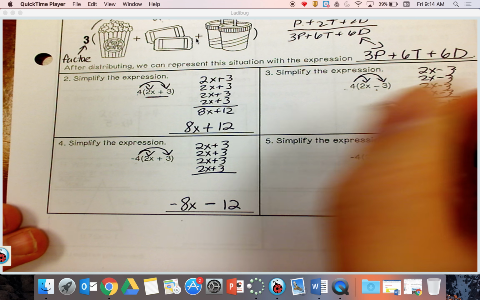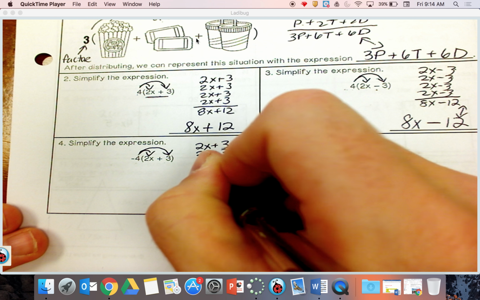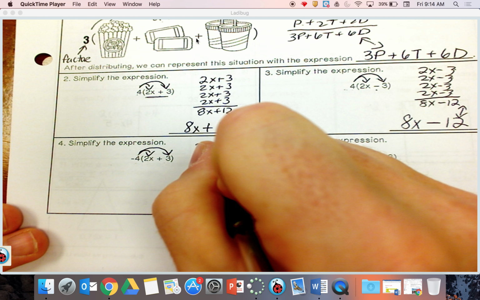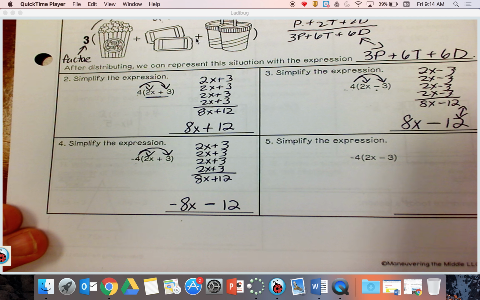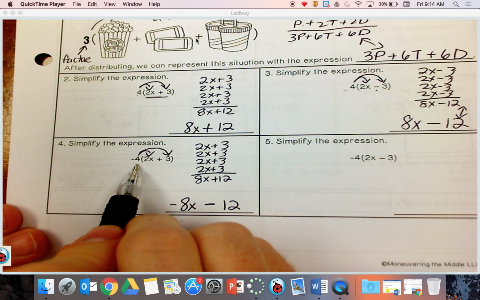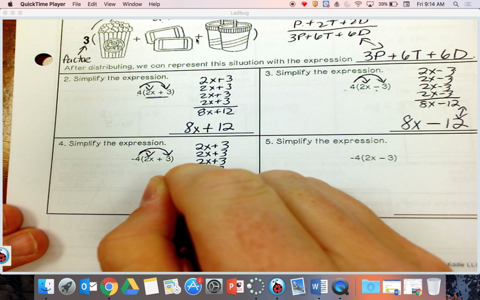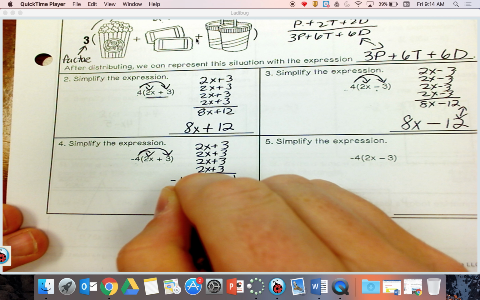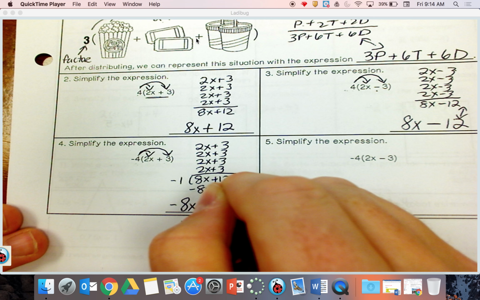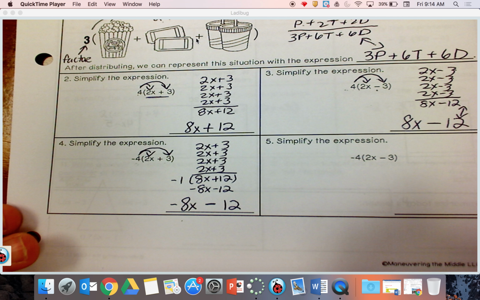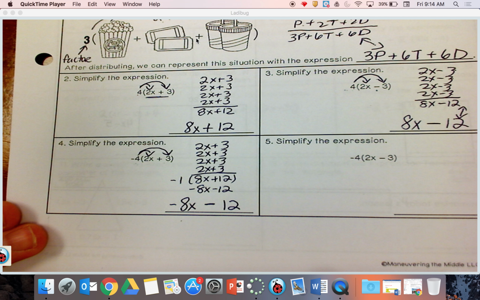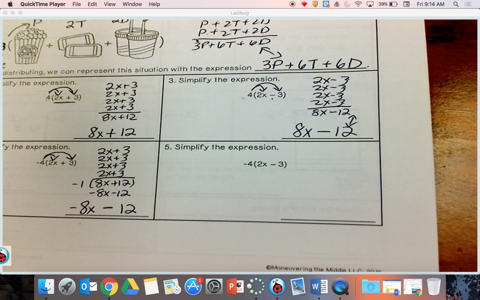I'm going to show you here in a minute. So I put these all together. Gives me 8x plus 12. But remember, I did with a negative, so I need to multiply this by a negative 1. And when I do that, I get my terms to be the same. And there they are. So now I've checked it and it's good.